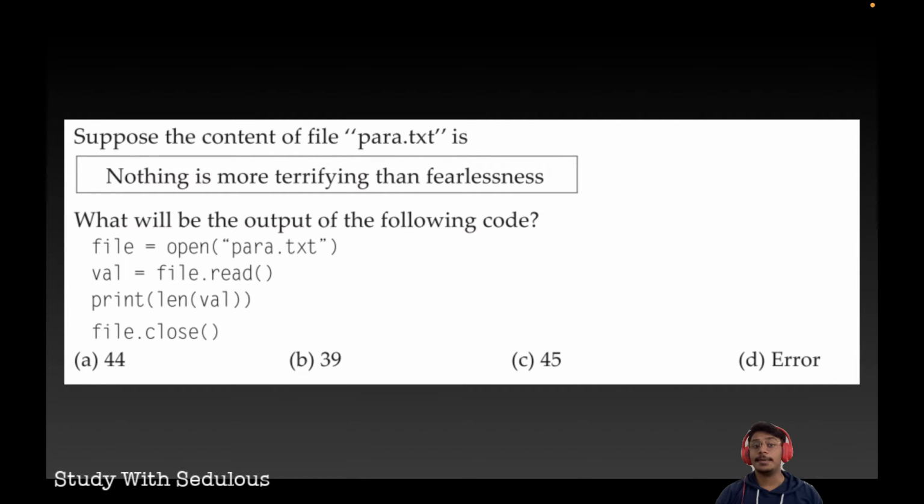In this time you have to write the complete thing in the working paper and count how many letters are there. That is the best method to do. NOTHING space IS space MORE space TERRIFYING, that is 13 for terrifying. Okay.